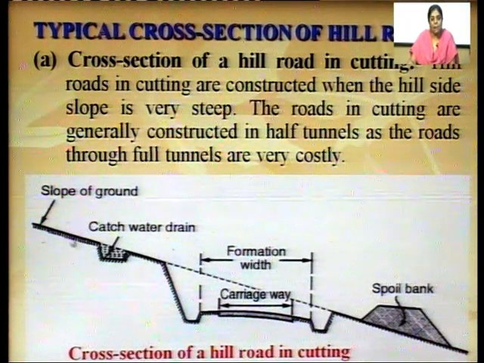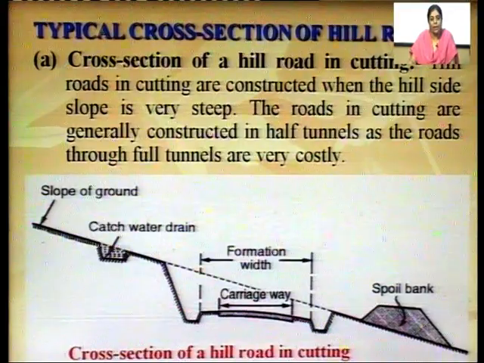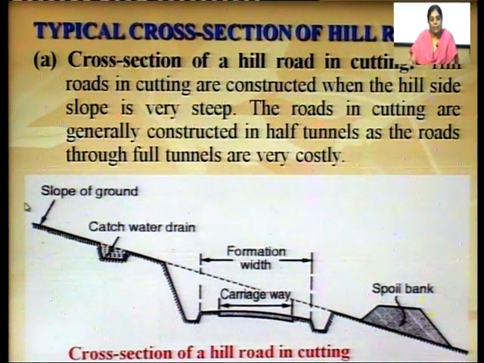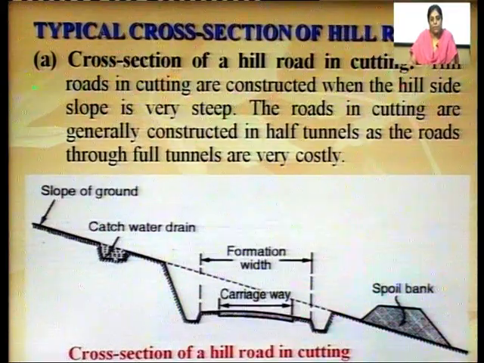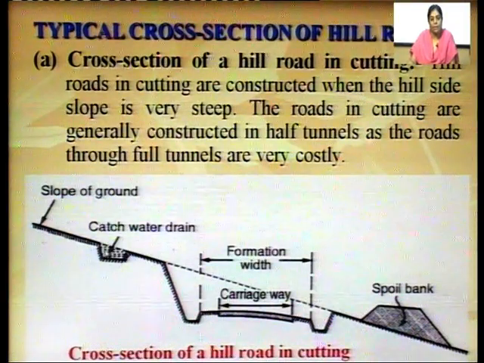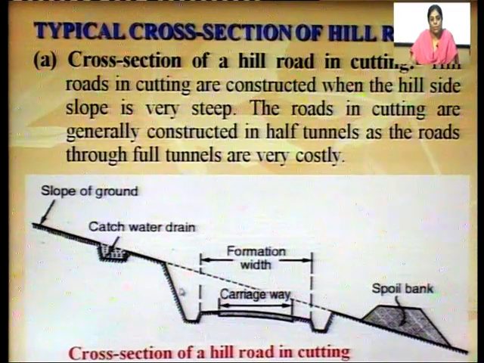So, this is the upper slope of the hill, and the water coming from the upper part of the hill falls in this catch water drain, which is used to relieve the water from falling into this side drain.